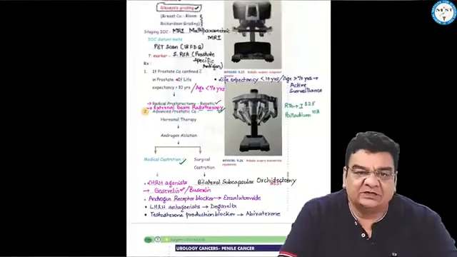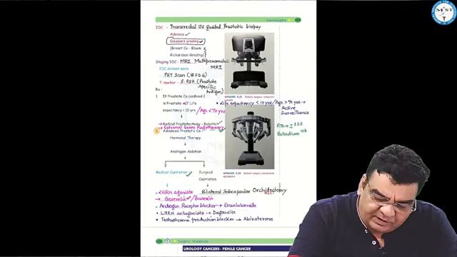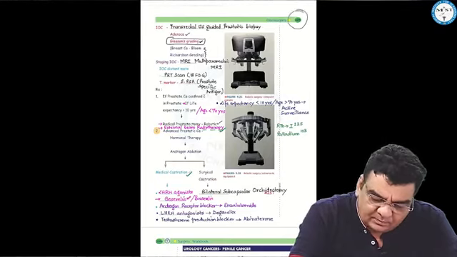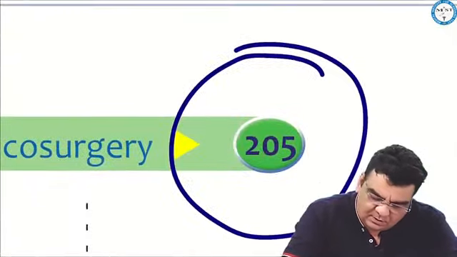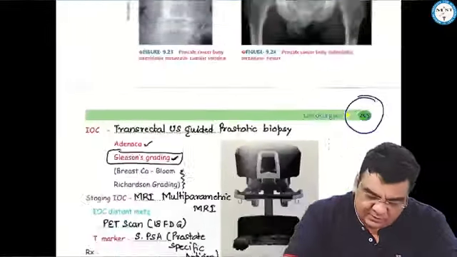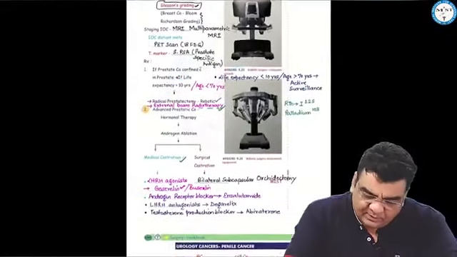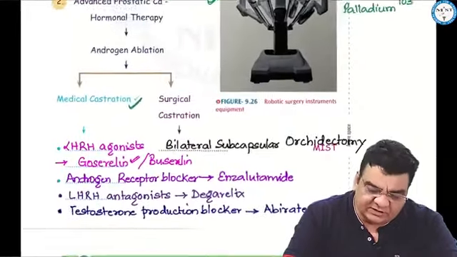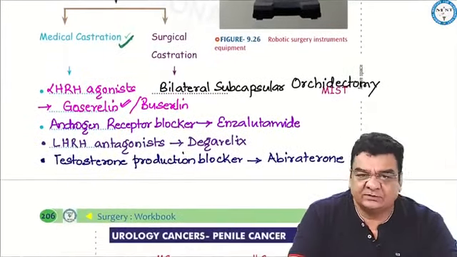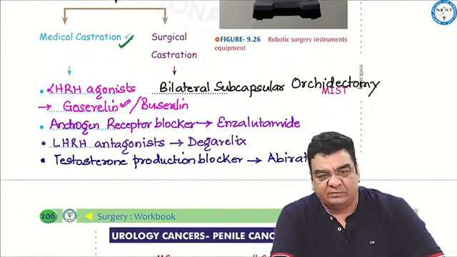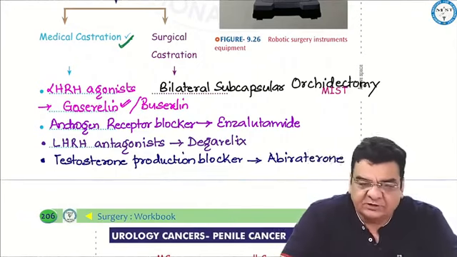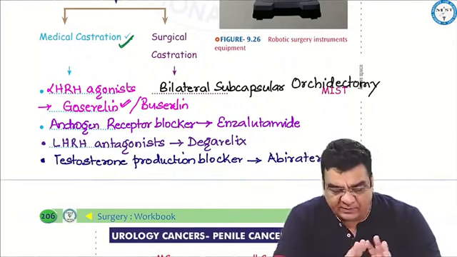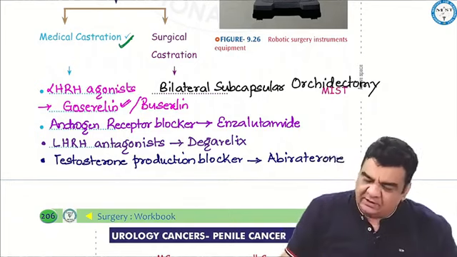Now, the experience says, beta, that this page number 205, this is a favorite page for your examiners, especially in the recent last 3 to 4 exams. So please pay attention to this page. The concept should be absolutely clear in your minds.